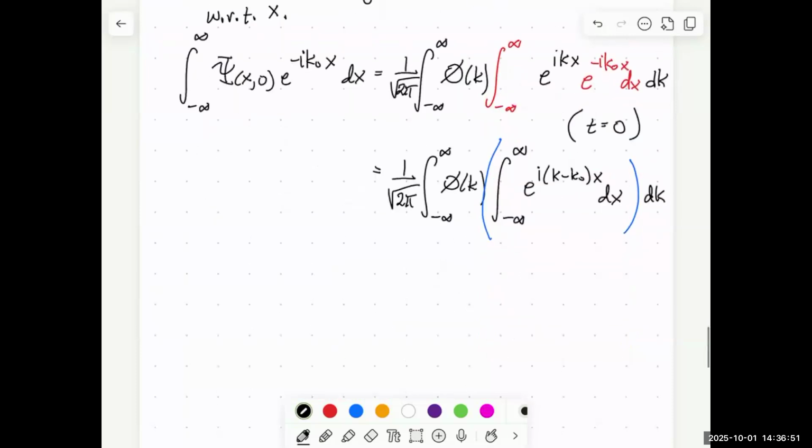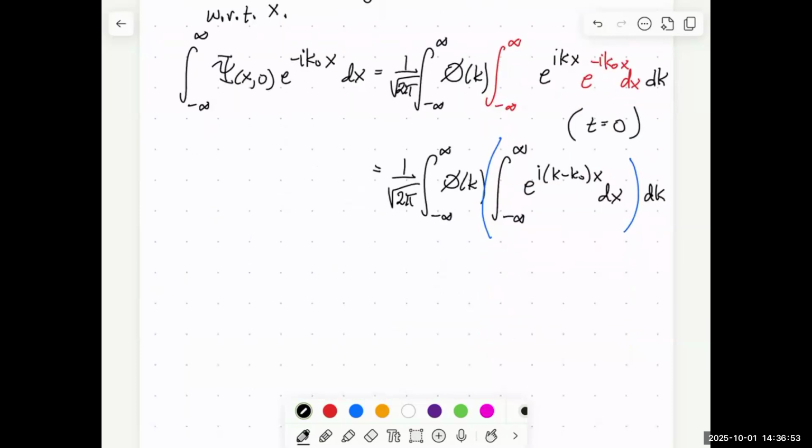And I'm going to try to convince you, it's not necessarily going to be a rigorous proof, but I'm going to do a demonstration, I hope, that this is equivalent to 2 pi delta of k minus k naught, the Dirac delta function. Okay, so let me just finish off this calculation, assuming that this is true. And then once we're done this little calculation, I'll try to justify this.